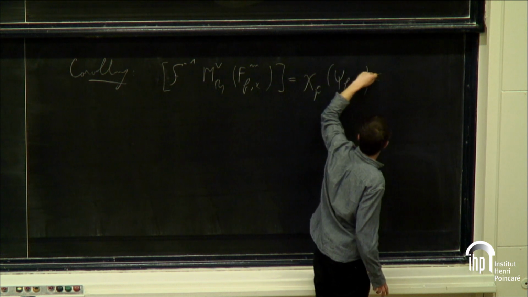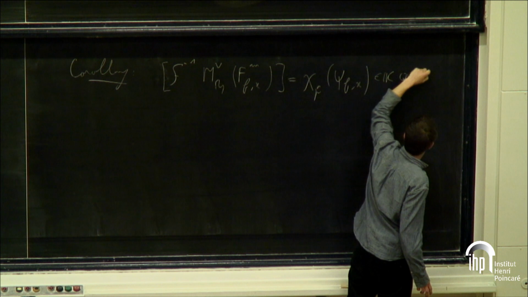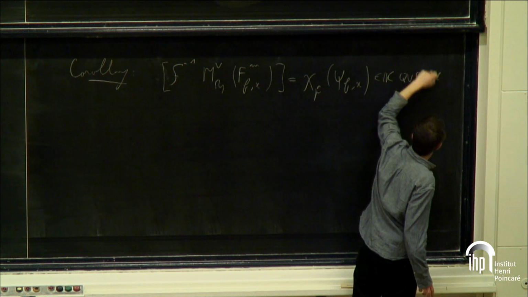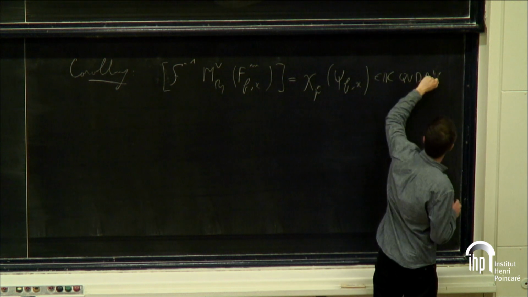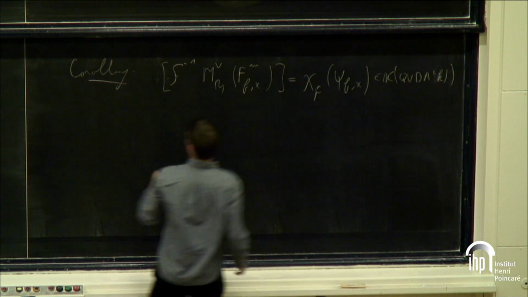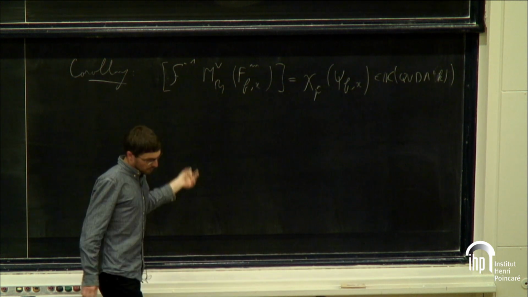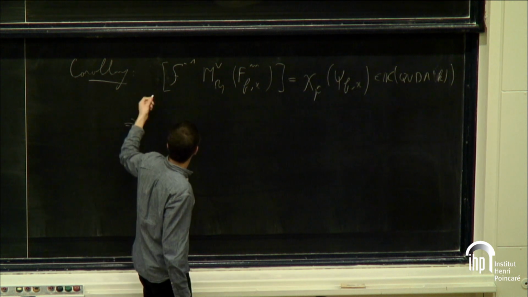And this equality is in the Grothendieck group of quasi-unipotent motives. And in particular, if we forget the mu-hat action, we get the same thing.